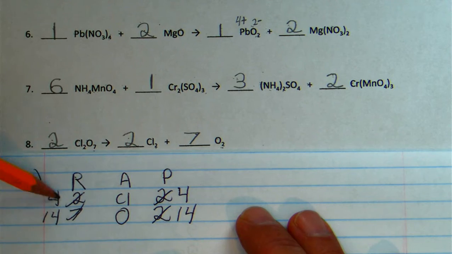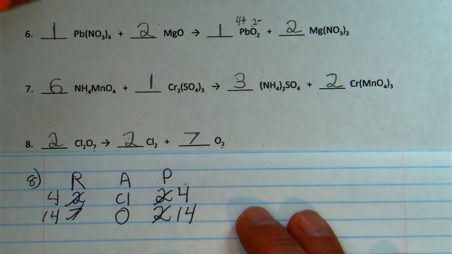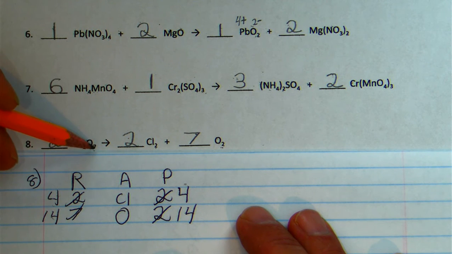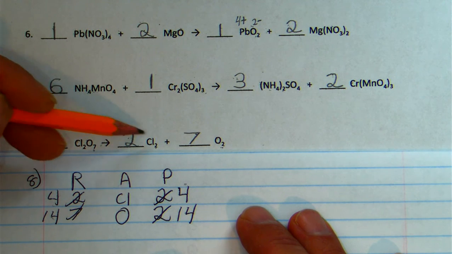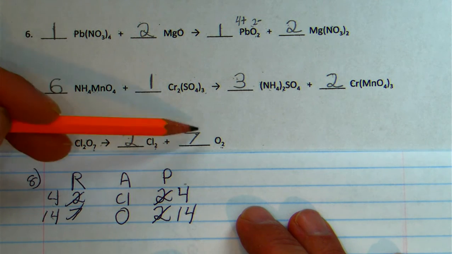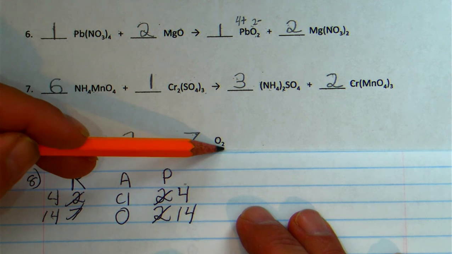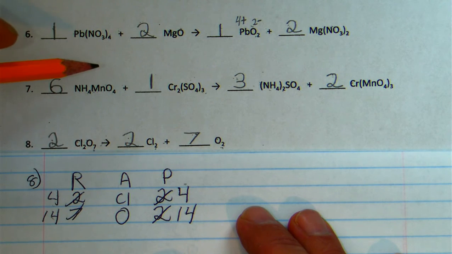This is now a balanced chemical reaction, stating 2 molecules of dichlorine heptoxide decompose into 2 molecules of chlorine gas and 7 molecules of oxygen gas.